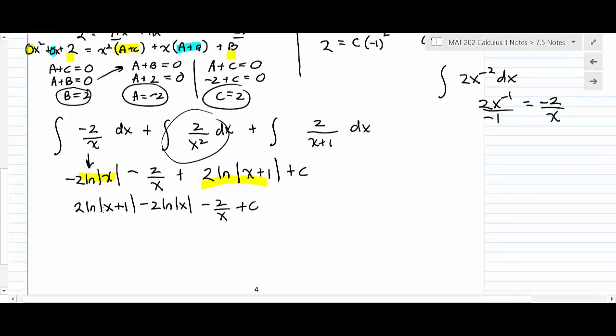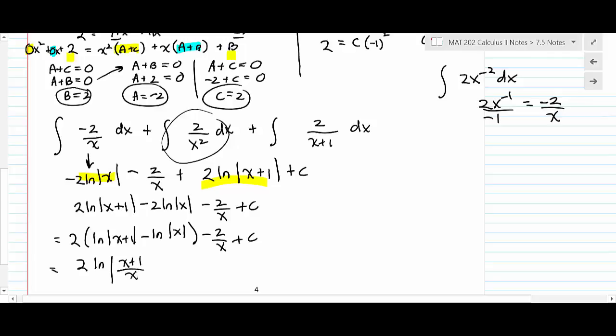You can actually factor the 2 out of that. And then that would leave you ln x plus 1 minus ln x. Like that. So how do you put these two logs together? Like a quotient, right? So you would have 2 ln. These things go together. And then you could just have x plus 1 over x, like that.